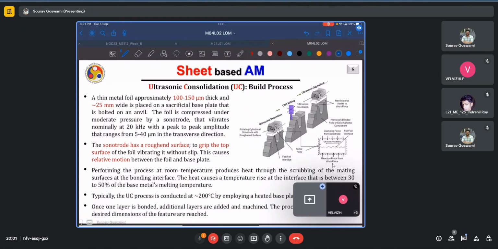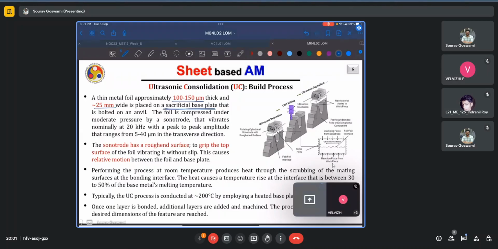Some typical dimensions used in this case are a thin metal foil of 100 or 150 micrometer thickness and 25 mm width, placed on a sacrificial base plate. As you were discussing, the base plate is often of a sacrificial kind and is consumed along with the build. It is bolted into an anvil.